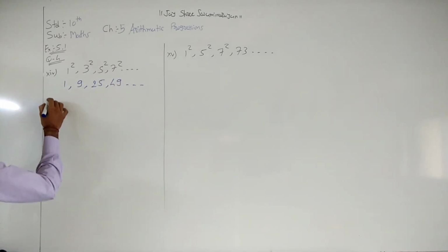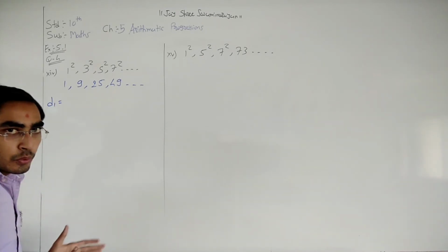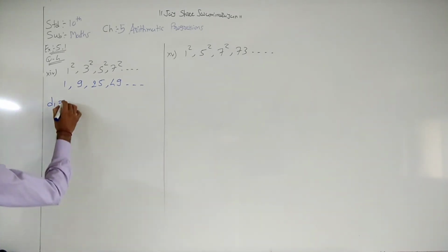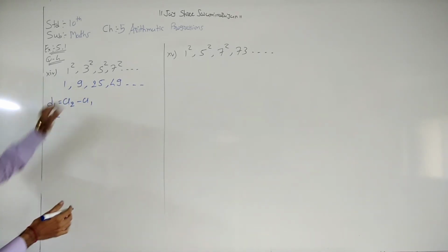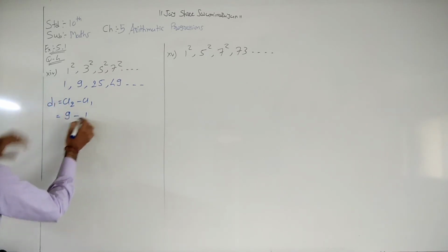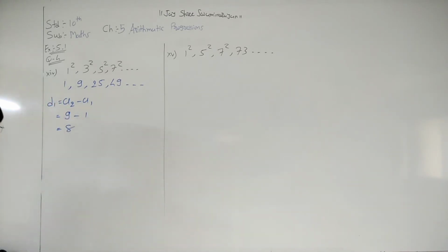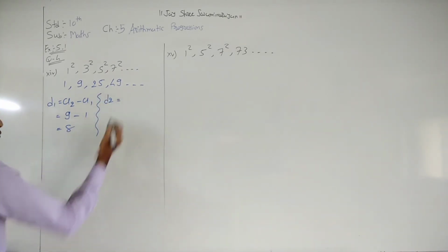Okay? Now, first of all, find the difference d1. So here, difference d1 is equal to a2 minus a1. Our second term is 9 minus first term is 1, and 9 minus 1 is 8. So difference d1 is equal to 8. After that, d2. What is the formula of d2?